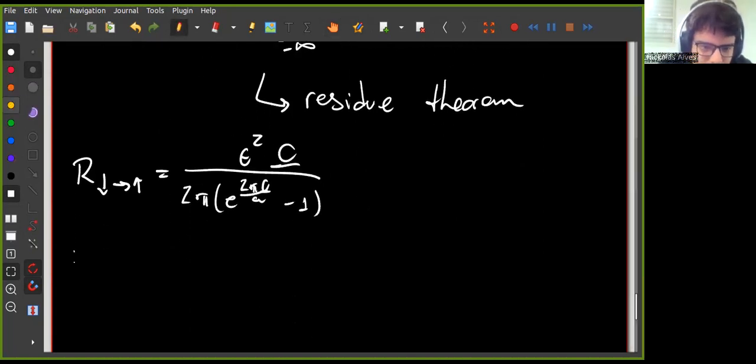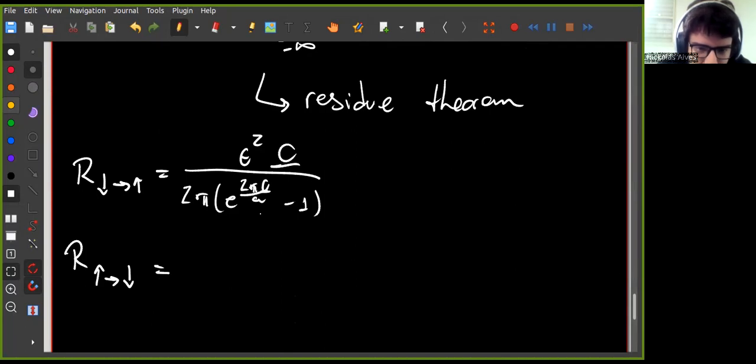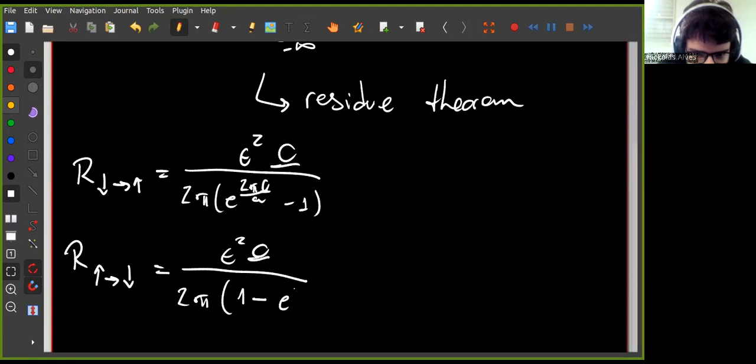Similarly, we could have computed the rate from up to down, and that would be just changing plus omega to negative omega, and it would give us epsilon squared omega over 2 pi over 1 minus e to the minus 2 pi omega over a. There's a minus in here.